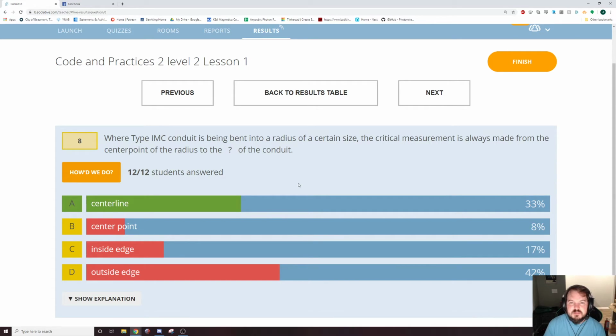That's what we're talking about here. Whenever you're bending a long radius, the radius is measured to the center of the conduit. Center line.